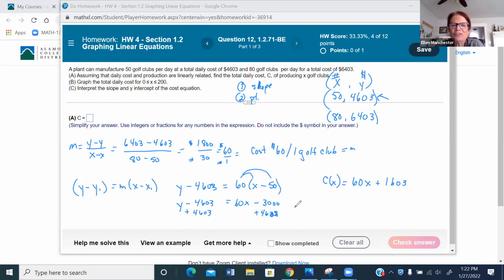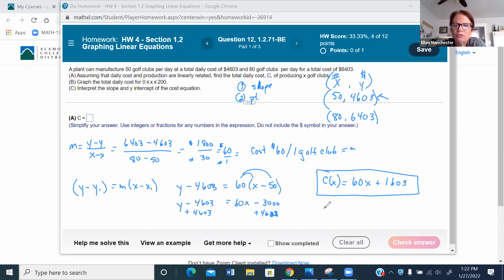Sorry about that. This is the cost to manufacture golf clubs. Once I get that, then I can graph it.